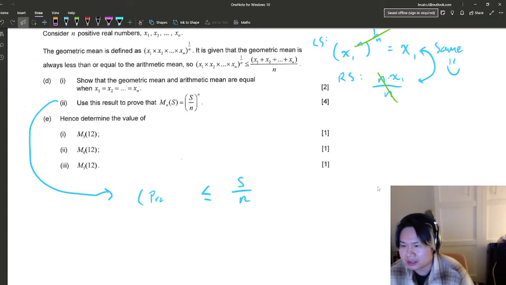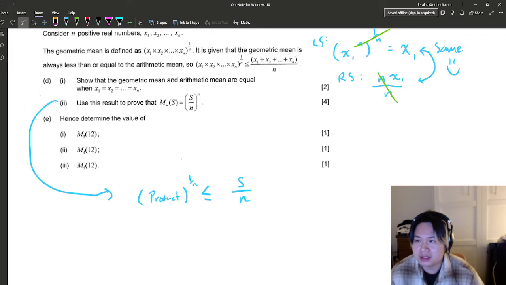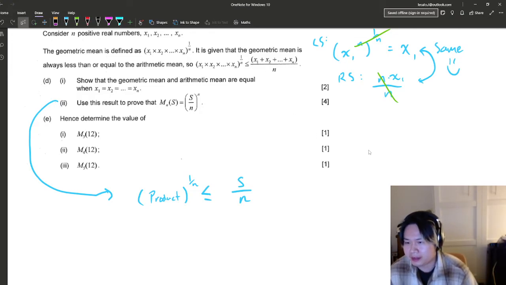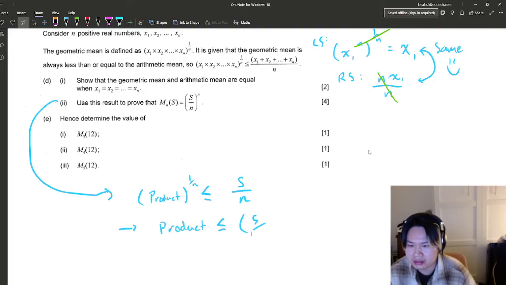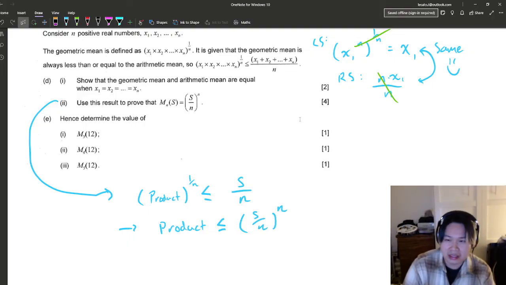So I'm just going to write this as the product to the power of 1 over n. So this is just this inequality, right? Then we can raise both sides to the power of n. So I know that the product is going to be less than or equal to s over n to the power of n. So I have the right side.